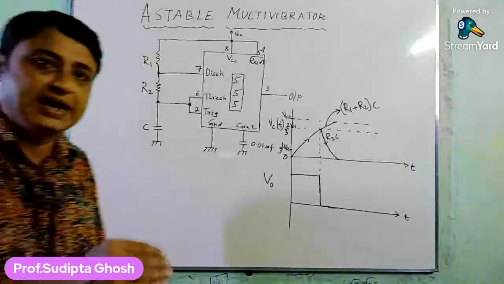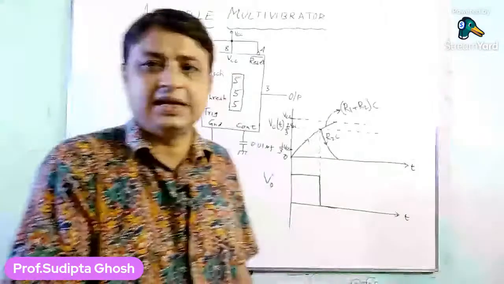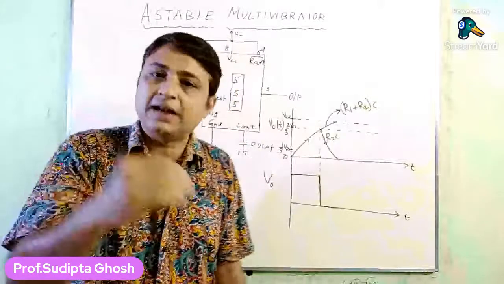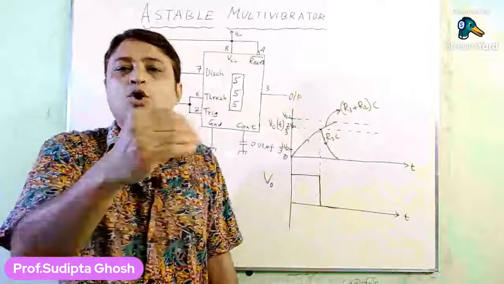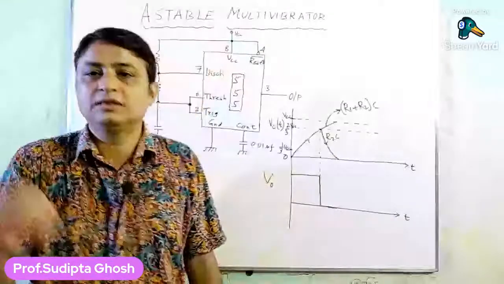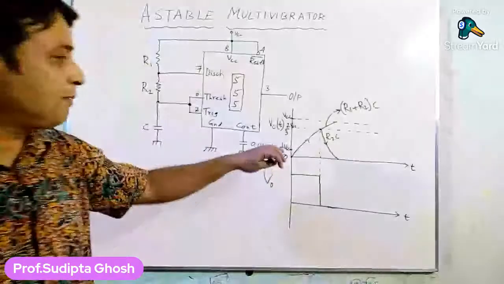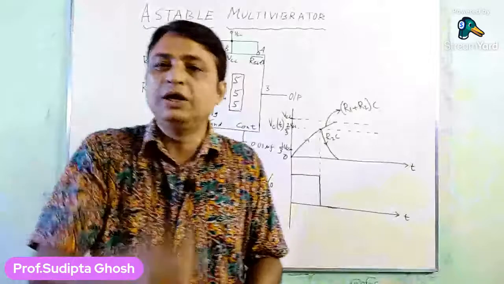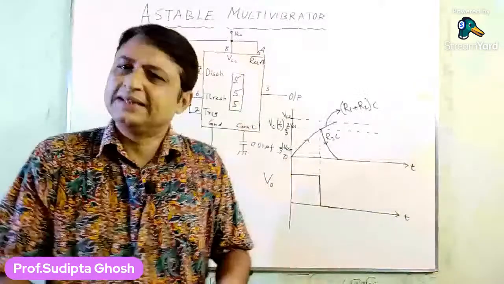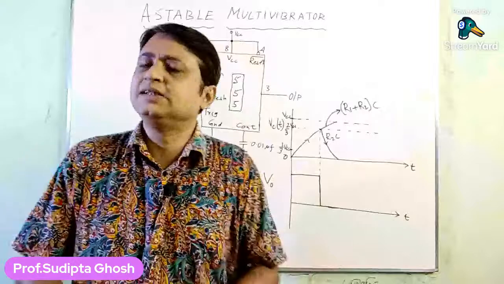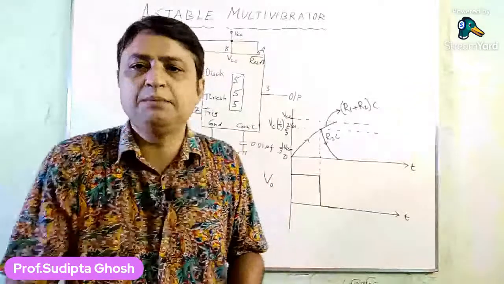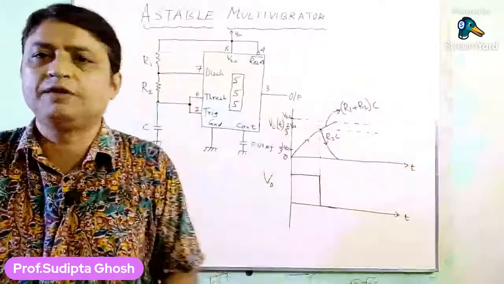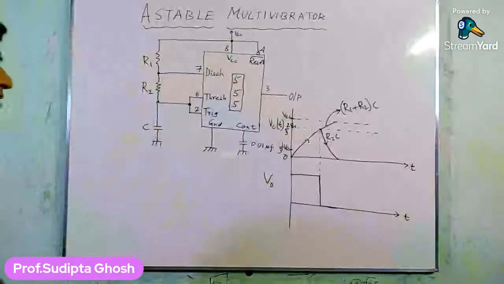Now remember again what we have discussed in our first lecture of 555 timer, that as the value of the trigger input goes below 1/3 VCC. If 1/3 VCC is 1.7, then when the capacitor voltage goes below 1.7, say 1.5 volts, then what happens?